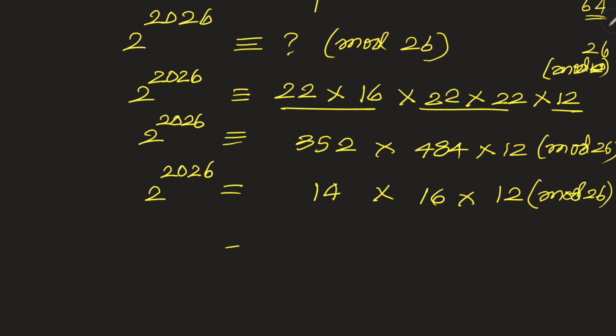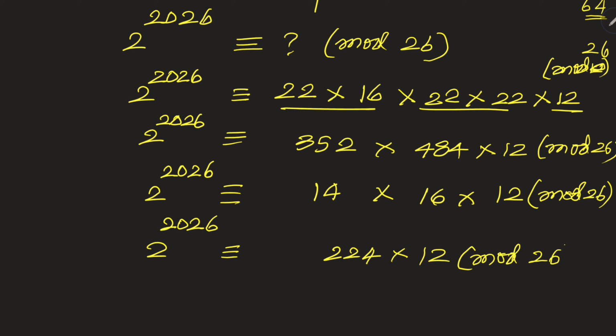Now next time we will have 14 into 16, which is 224. I'll write down 224 into 12 mod 26. Now 224 when you divide by 26 will give you a remainder of 16, and this will be 12 mod 26.